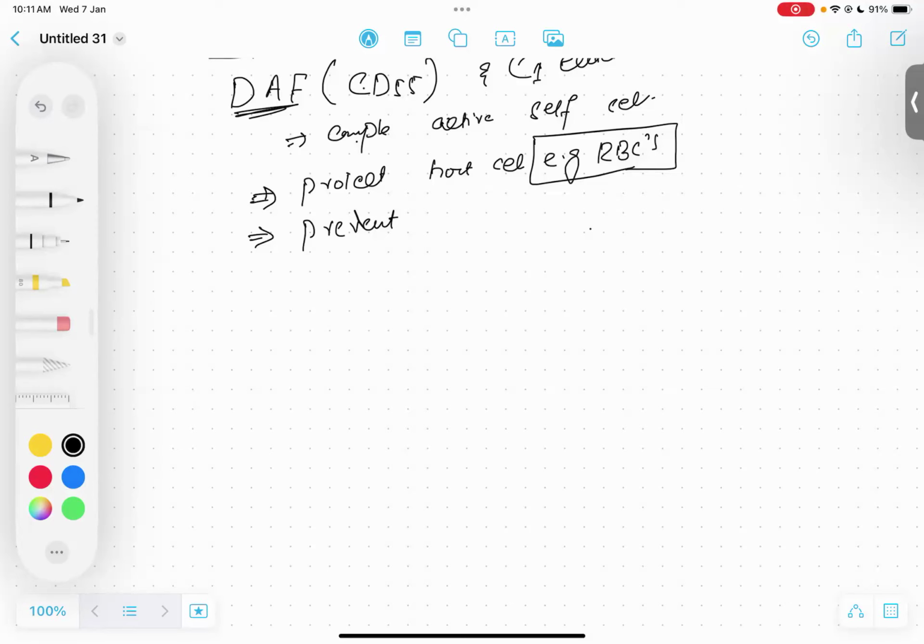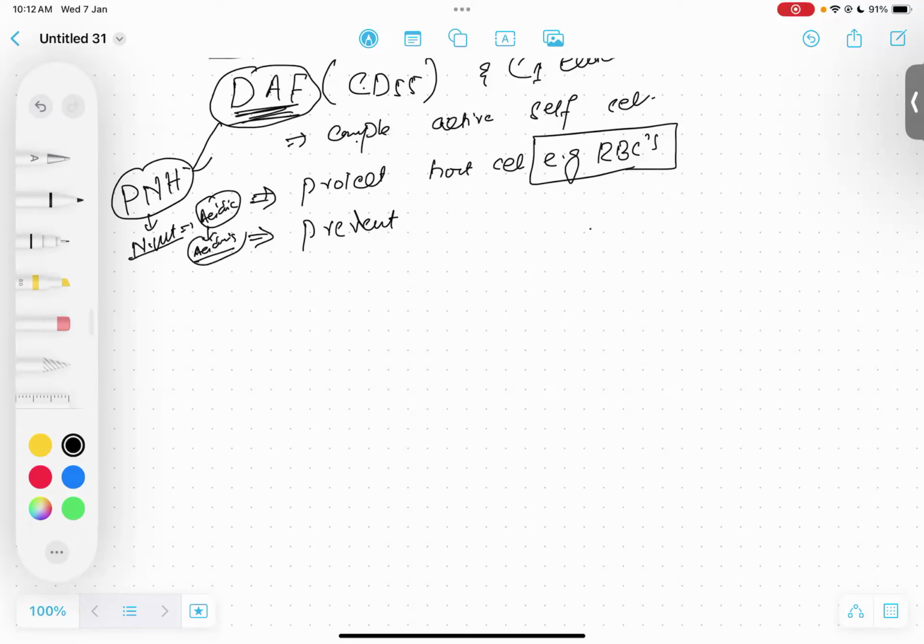So in this patient, there is increased risk that they will develop paroxysmal nocturnal hemoglobinuria at night time, because at night time they are a little bit acidotic, and they have a deficiency of this DAF.